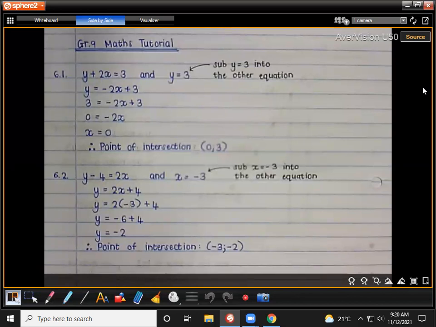So again, we use the x value there and the y value here, and we make that the point. You can just write the point, you don't have to write point of intersection, that's fine.